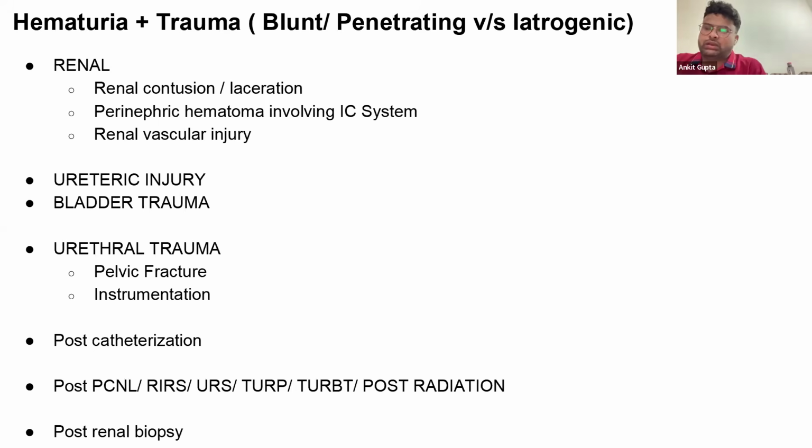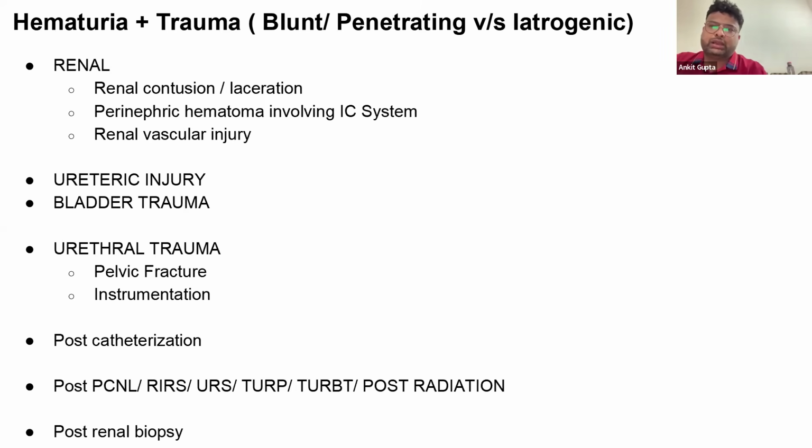In that scenario, we will give an intravesical instillation of 1% formalin, that is 5 gram in 5 liter of normal saline. If that too is not working, we will wait for 24 to 48 hours, because formalin irrigation will take around 24 hours to work.